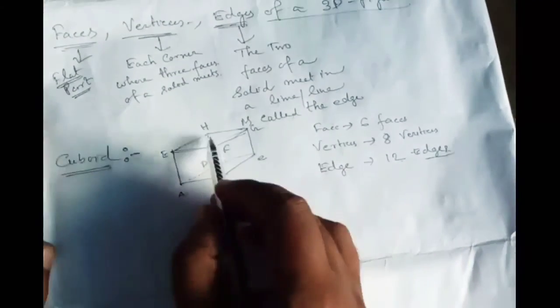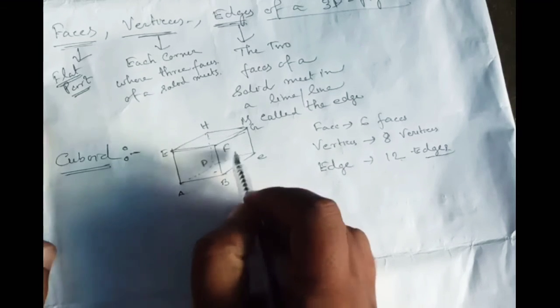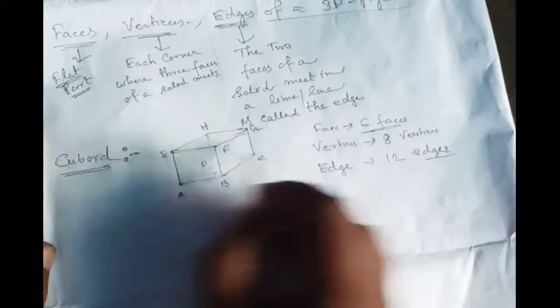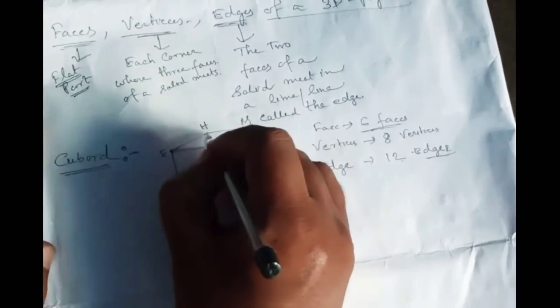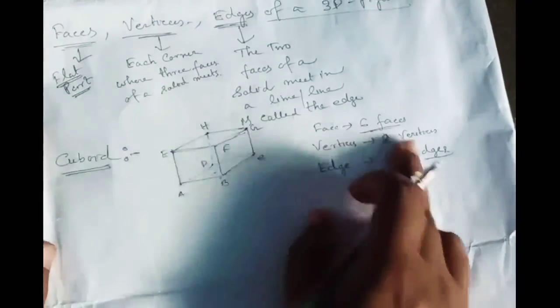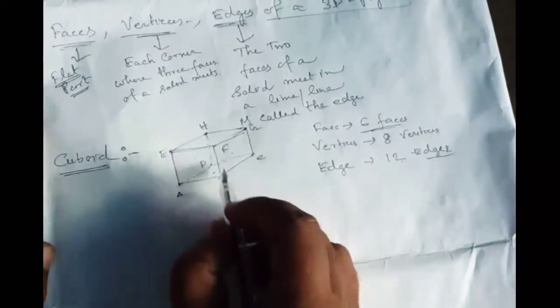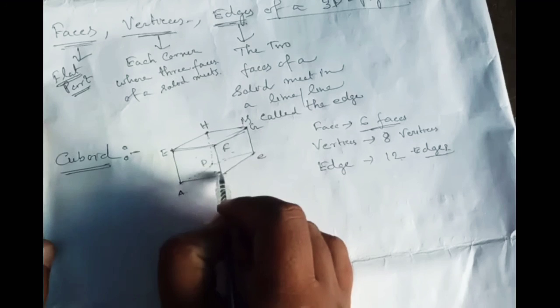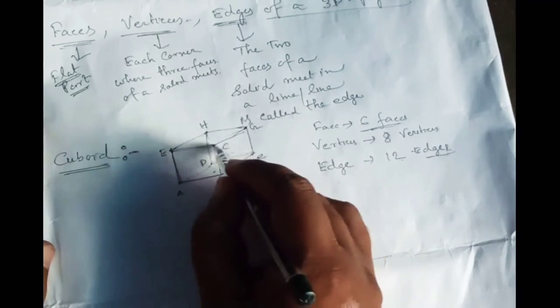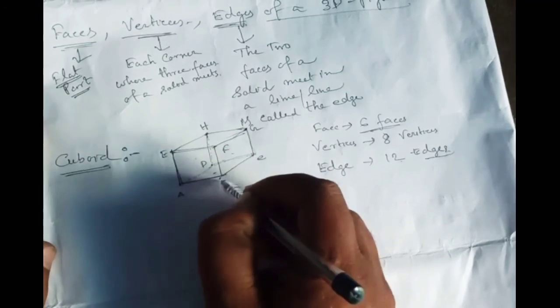Faces: 1, 2, 3, 4, 5, 6, 6 faces. Vertices: 1, 2, 3, 4, 5, 6, 7, 8, 8 vertices. And 12 edges: 1, 2, 3, 4, 5, 6, 7, 8, 9, 10, 11, 12.